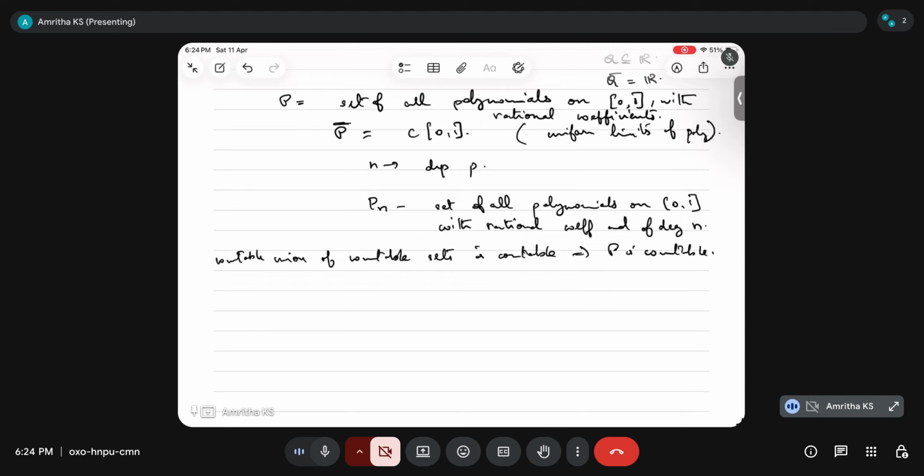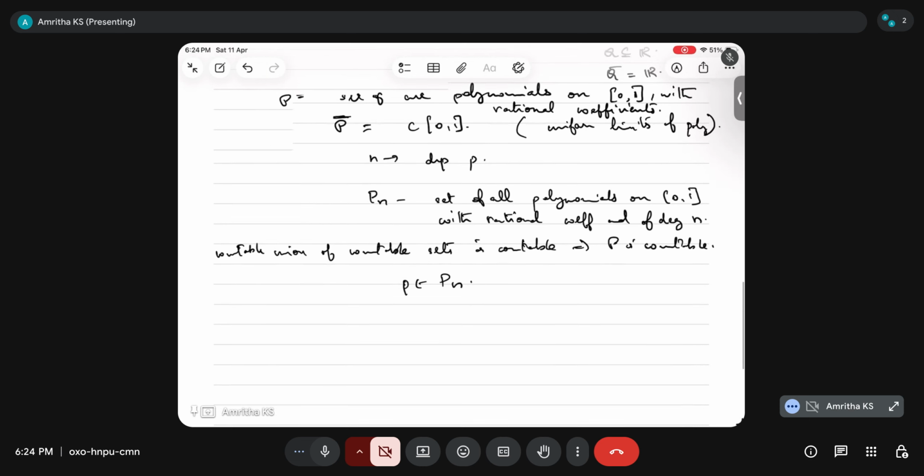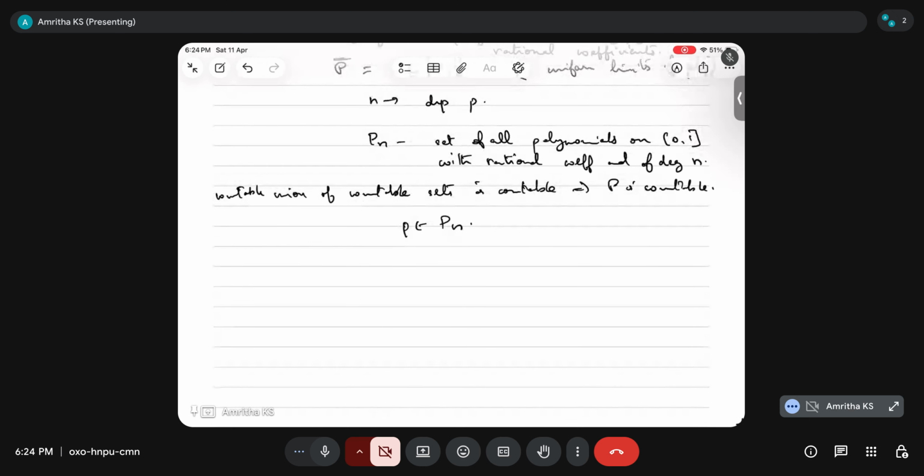Okay. Now suppose I take a p from the set, then p of x can be written as a_n x^n plus, and so on, plus a_1 x plus a_0, right?